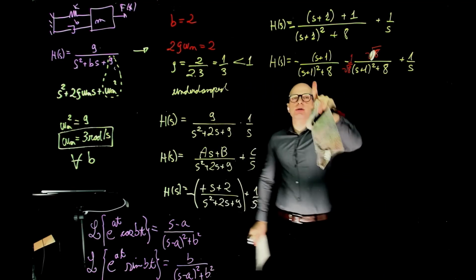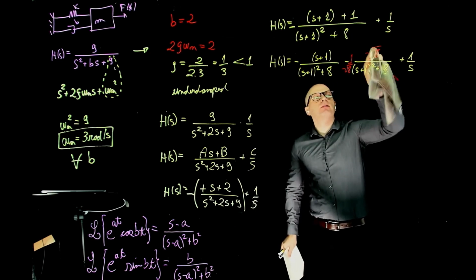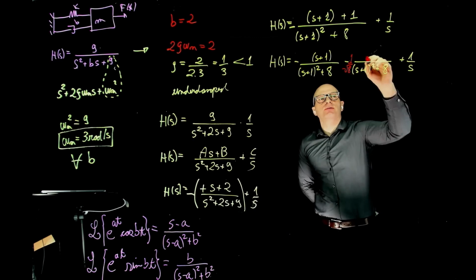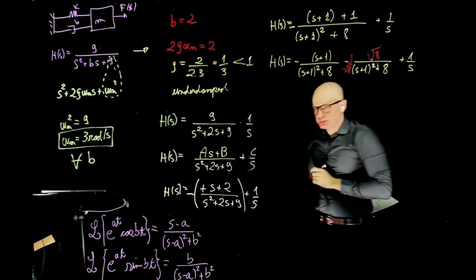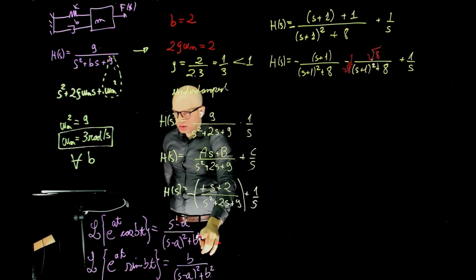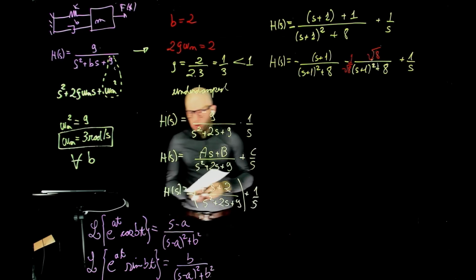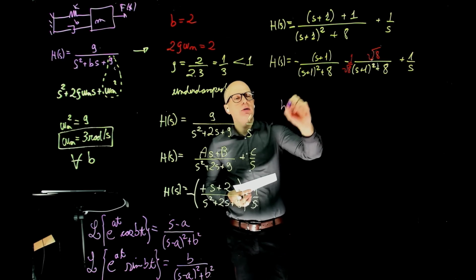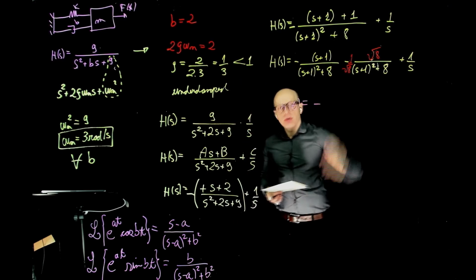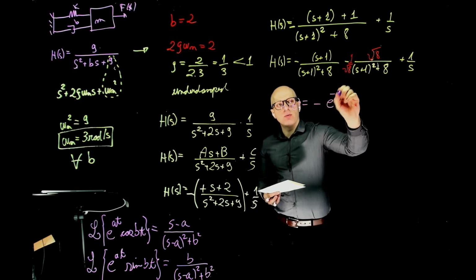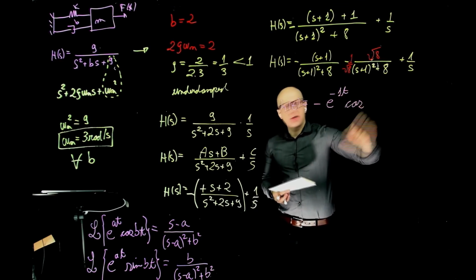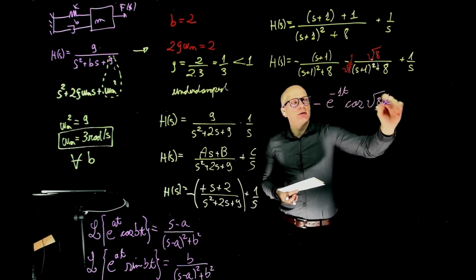What is the inverse of this first part here? This first equation corresponds to this, and it is h of t equals negative exponential of negative 1 times t, cosine of square root of 8 t.